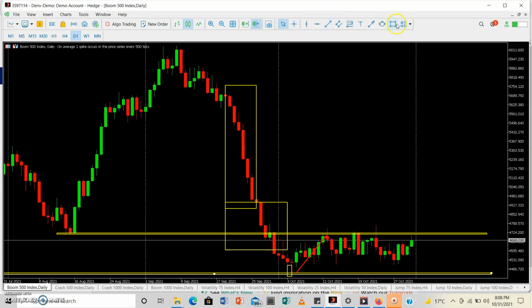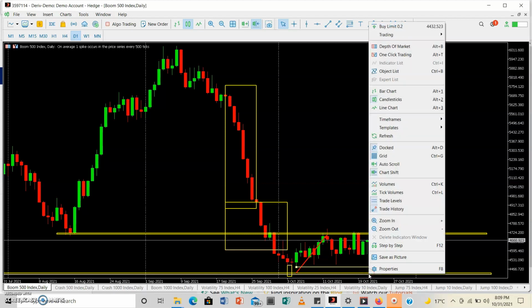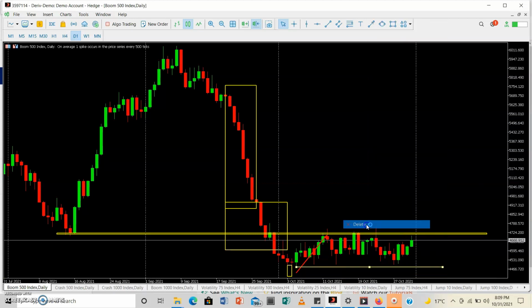So I'm going to add a tighter zone because I've seen that price is now respecting this quite more often than this previous zone. So I'm going to delete this zone and I'll be left with these two zones, the support right down here and the resistance zone.